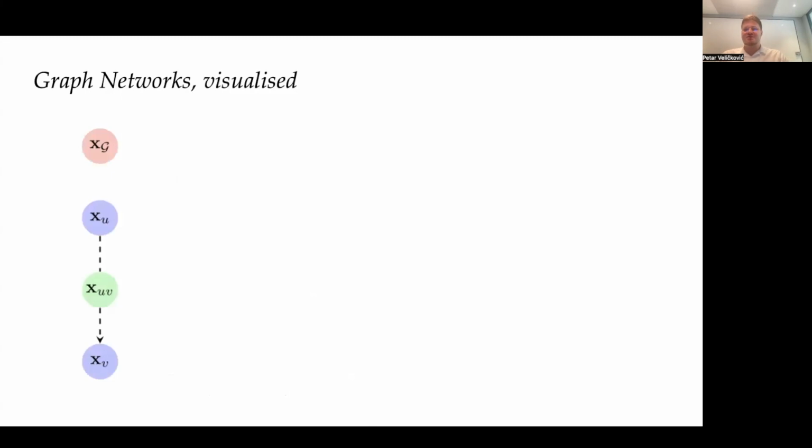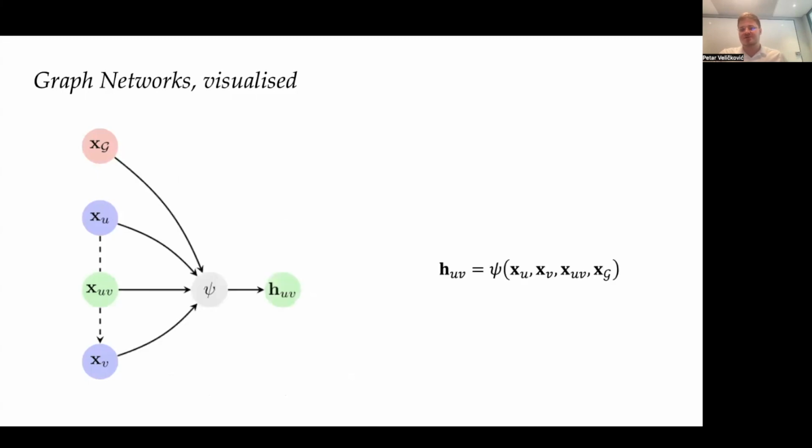So let's try to visualize what's going on. Imagine I have here some feature vectors in nodes U and V and the edge connecting them, and I also have some features in my graph. What will a graph network model do? As we said, first we will update the edge. So the features of edge UV get updated based on the features of the two nodes incident to it, its own features, and the features of the graph.